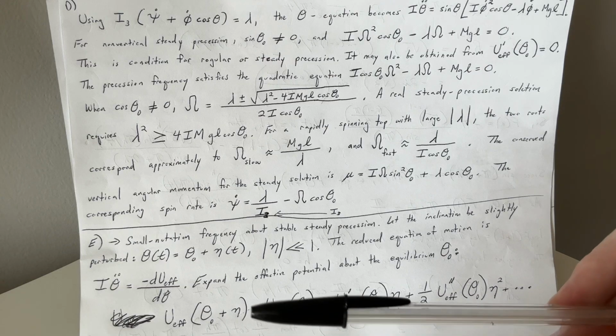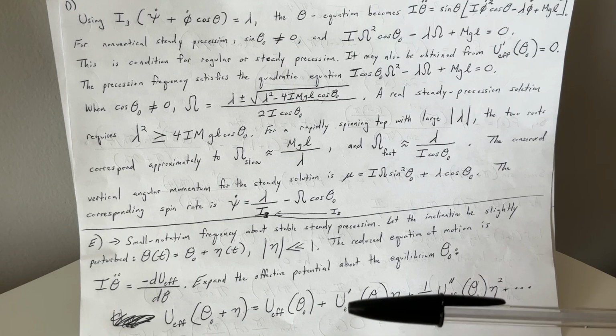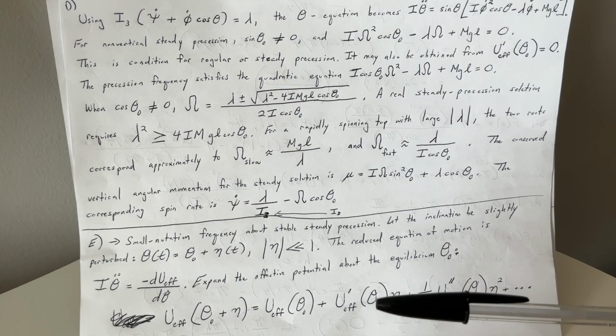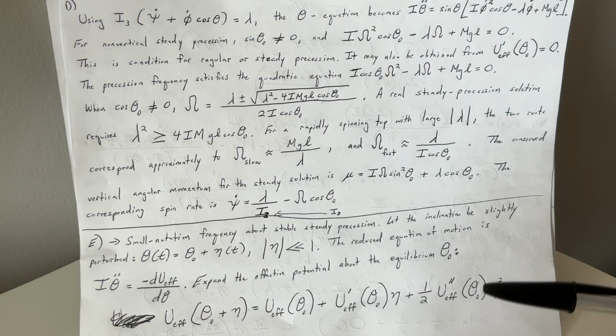U sub eff of theta naught plus eta equals U sub eff of theta naught plus U sub eff prime of theta naught eta plus 1/2 U sub eff double prime of theta naught eta squared, and so on. So that's the pattern there.